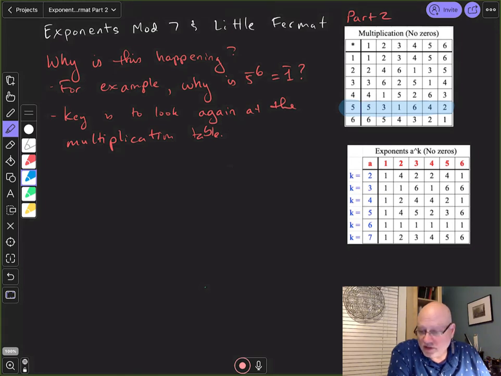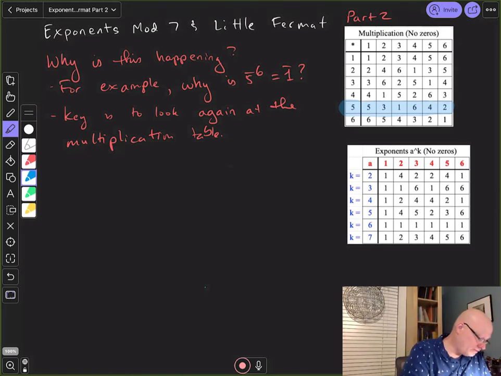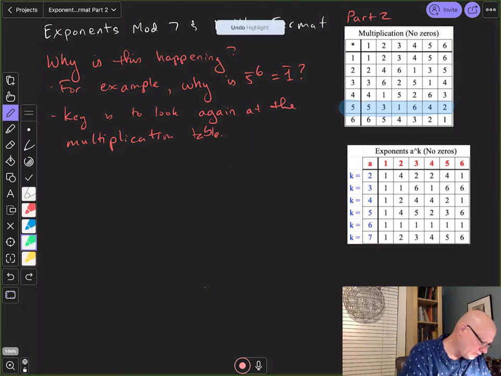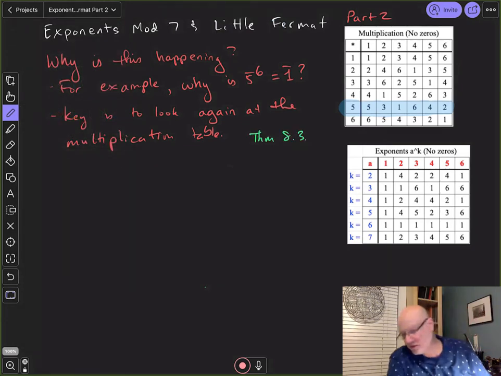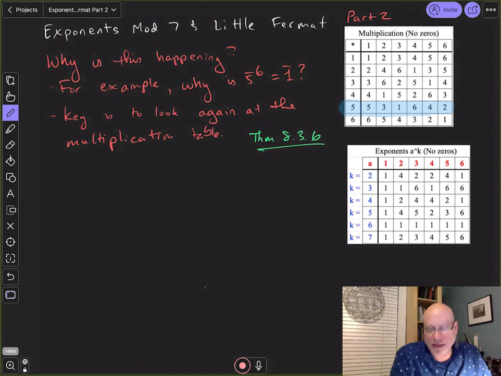We'll take a look at some stuff later when we're not dealing with prime numbers, but right now this is really based on dealing with a prime base. The theorem I'm referring to is theorem 8.3.4, I think, 6, yes. Okay, so that's what we're looking at.